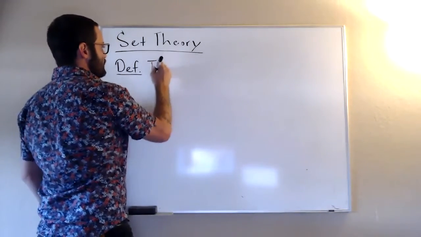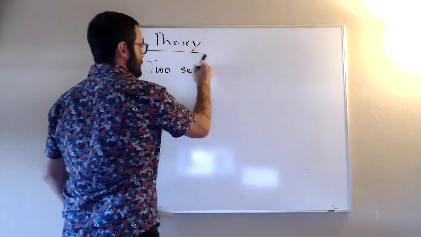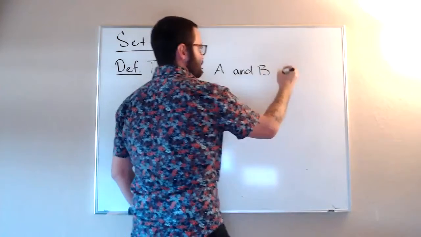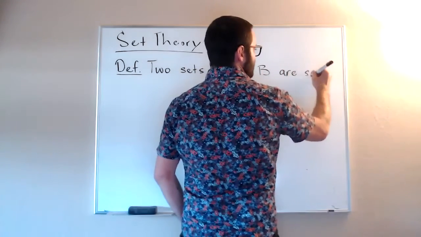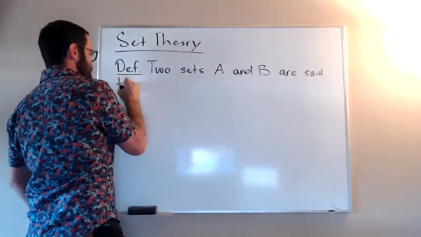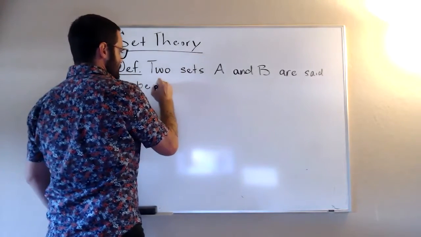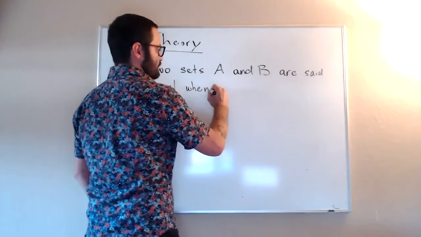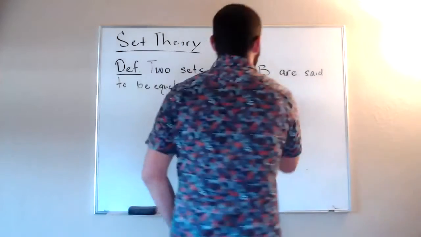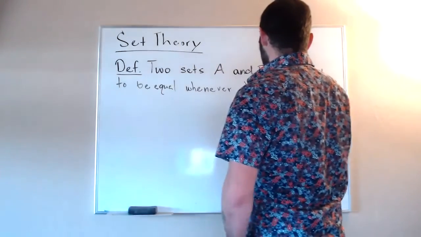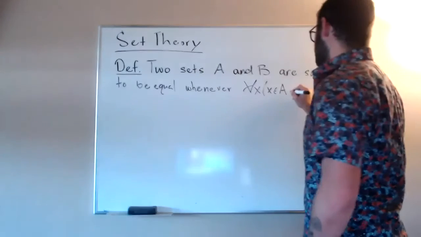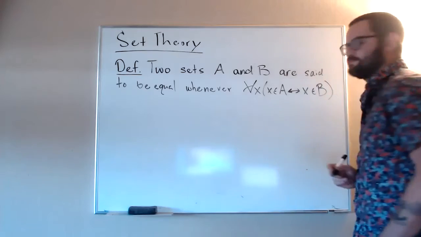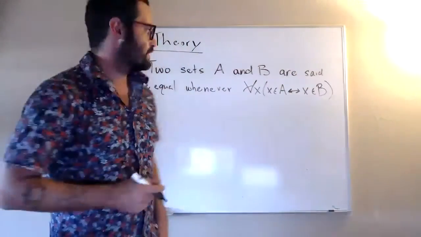So two sets, say A and B, are said to be equal whenever for all x, x is in A if and only if x is in B. Okay, so this is the biconditional operator.